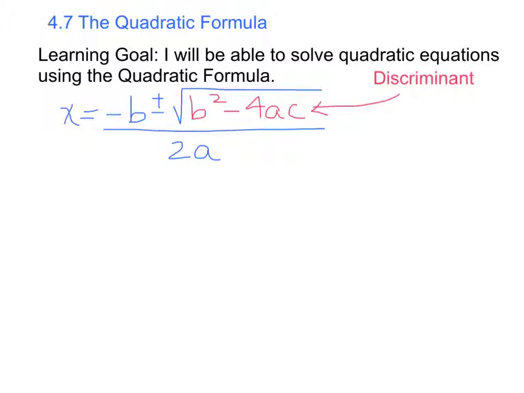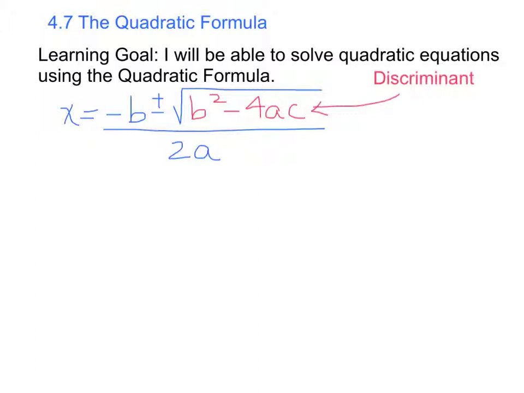It tells you the number of solutions you're going to have and the types. So if they ever ask you to find the discriminant, that's the part from the formula that you use to help you.